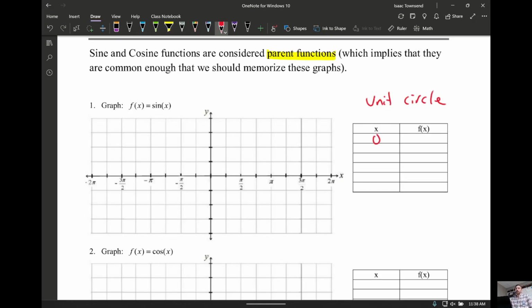So for example, I know the sine at 0 is 0, and then I could plot that as a point. I know at pi over 2, sine is 1, so I could plot that as a point. Notice our x-axis is not 1, 2, 3, 4, it's in terms of pi, so you got to pay attention to that.